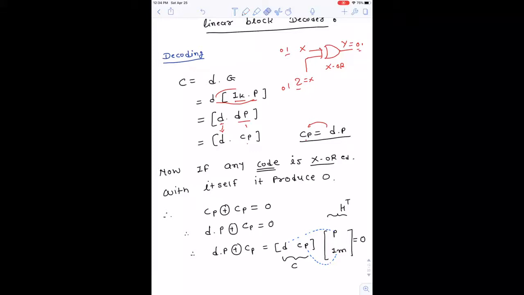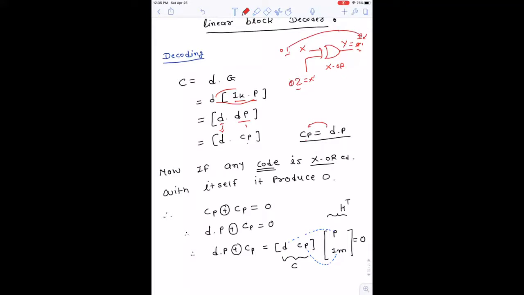But if you make such a change here, rather than X you are getting X dash. So if there would be a 1, there would be a 0, then the output would be 1. So output 1 would be obtained if the two inputs are different. You can say that if you are applying 0 here, then 1 would be transmitted.